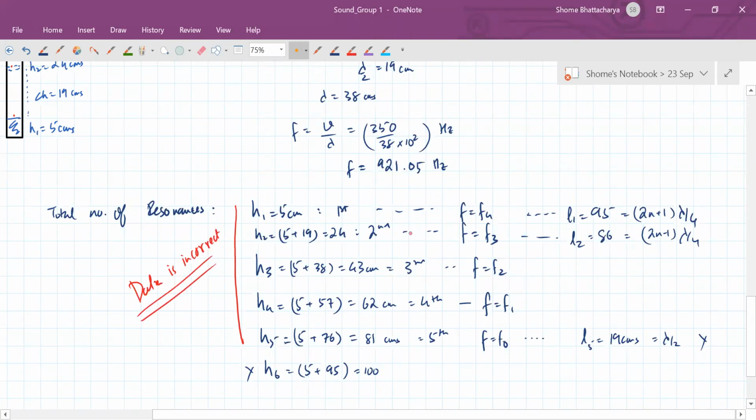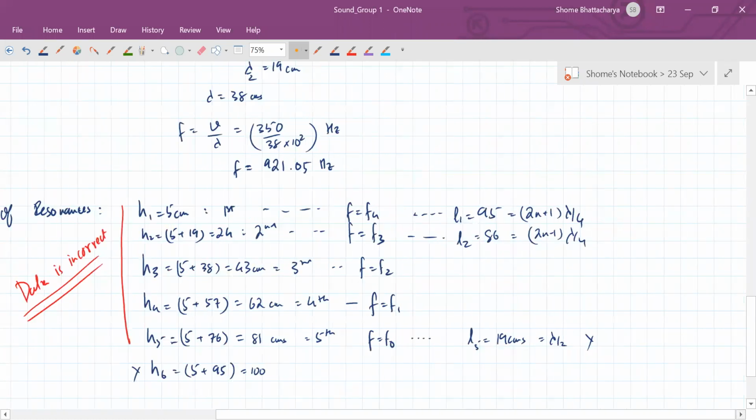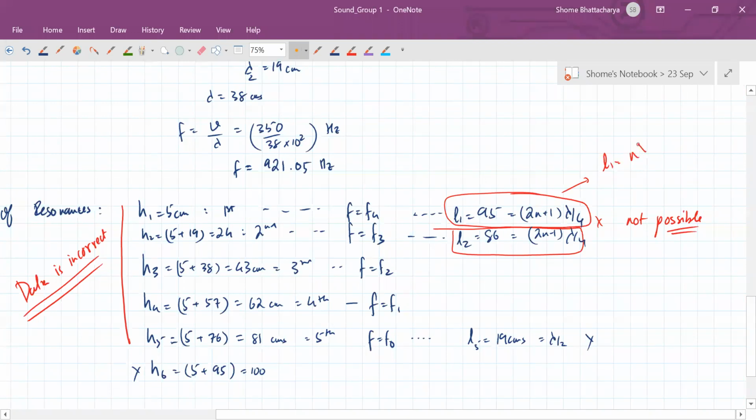Okay, so it cannot happen this way, that if the first resonance is occurring at 95 centimeters, the second resonance occurs at 86. This is not possible. Because this will mean that L1 is actually a multiple of lambda by 2 and L2 is a multiple of lambda by 2, but this is not the case actually.